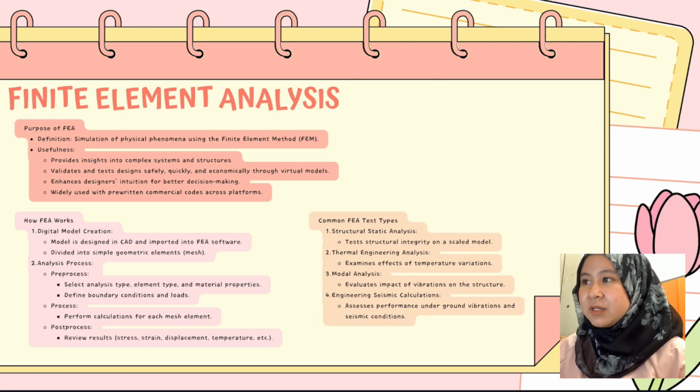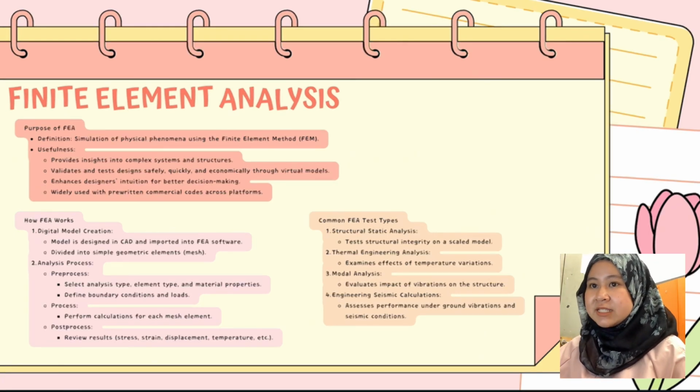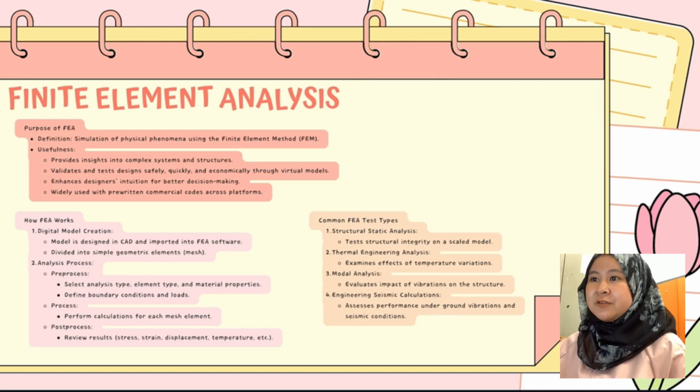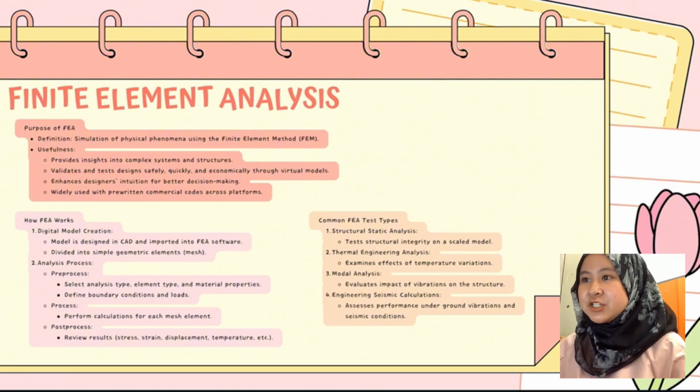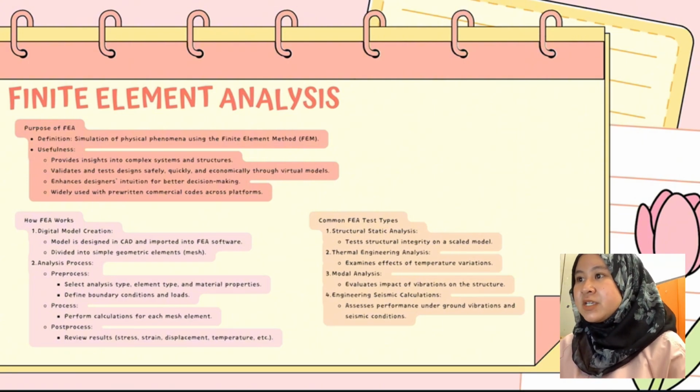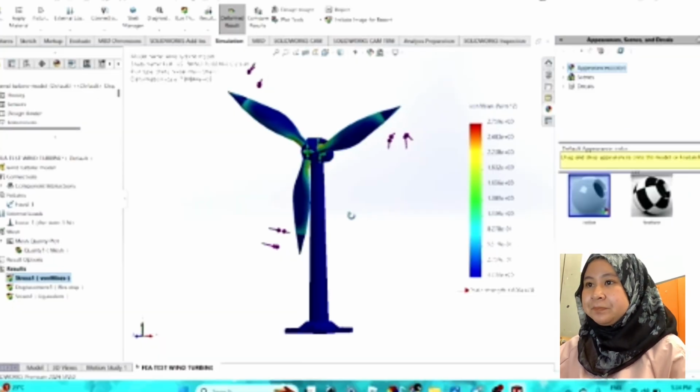For the finite element analysis, also known as FEA, I would like to explain to you guys about the purpose of FEA. The definition stated that FEA is a simulation of physical phenomena using the finite element method, FEM.